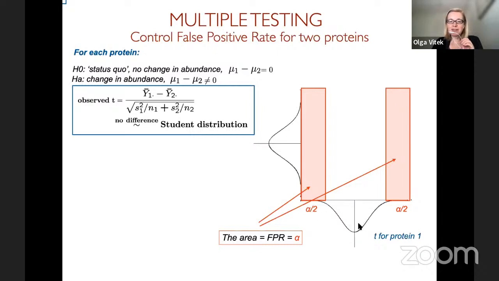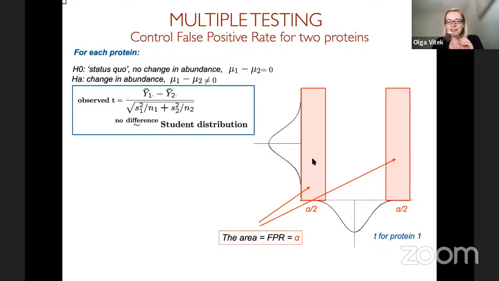This was my reference distribution for protein 1, and this is the reference distribution for protein 2. For protein 1, this is my rejection region. This is the region where my observed signal to noise is too large and indicates evidence against the null hypothesis. And so I reject the null hypothesis for protein 1, regardless of what happens for protein 2.